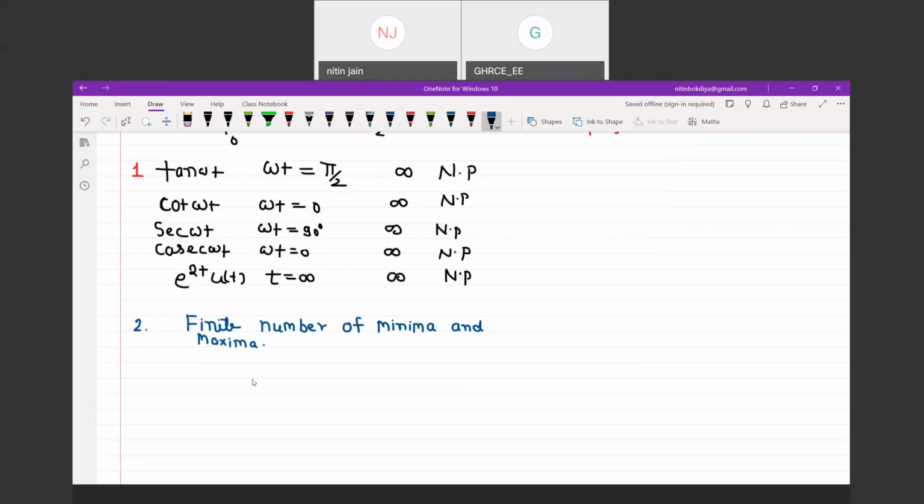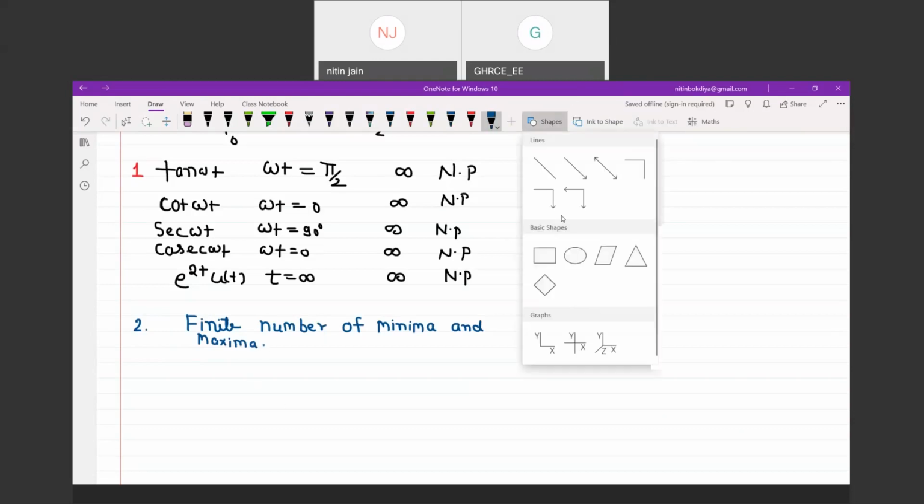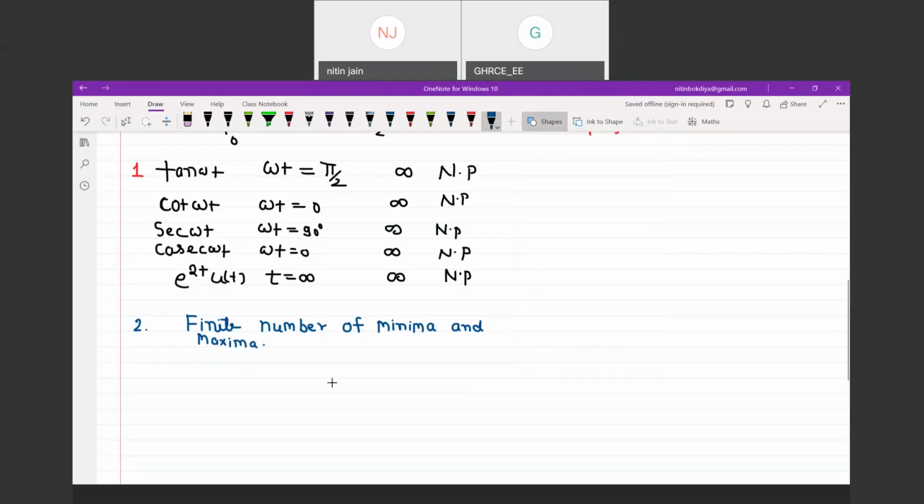You cannot find the Fourier series for any function which you cannot define.